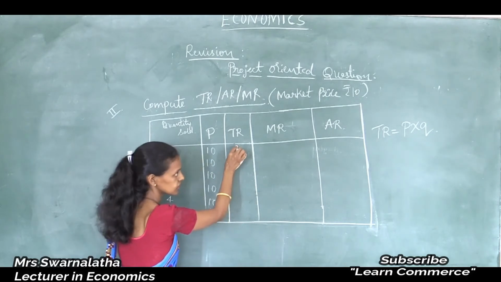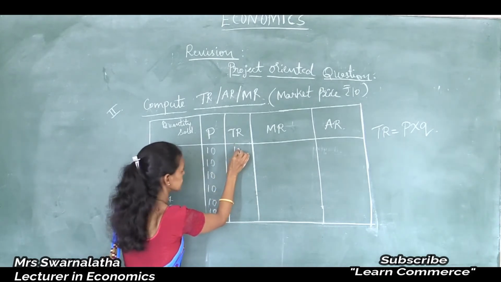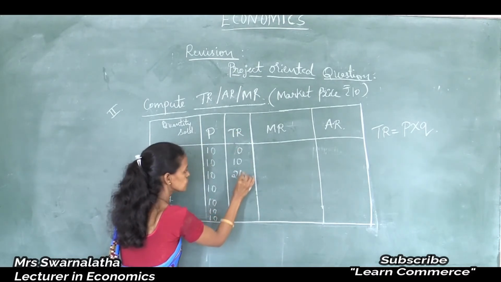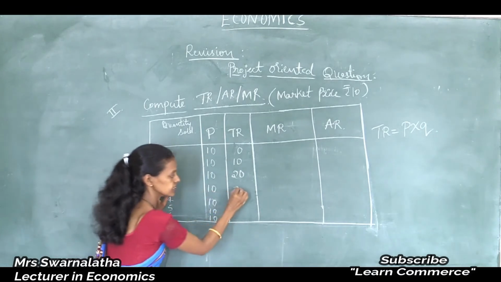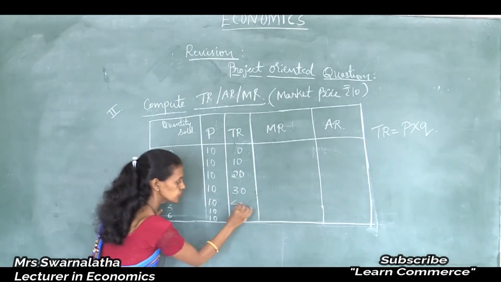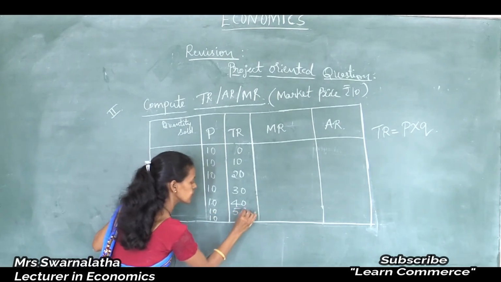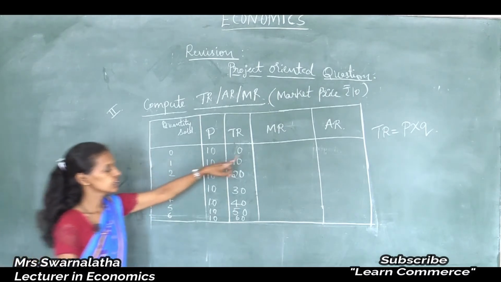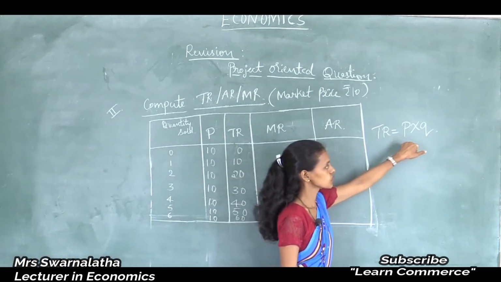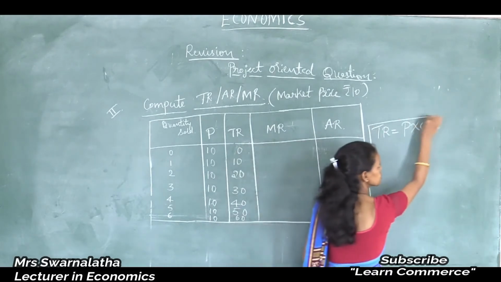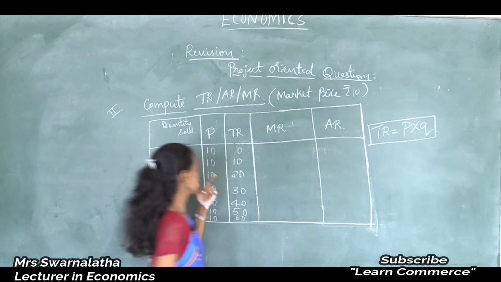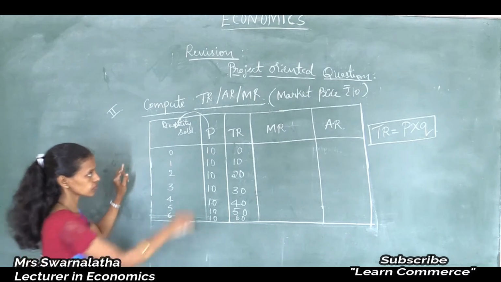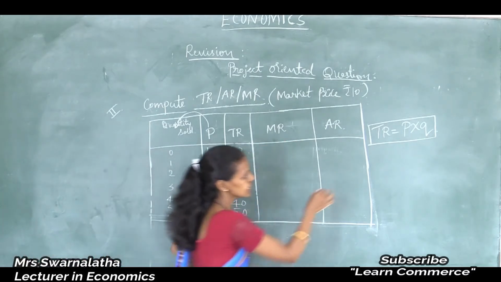Next is 10 into 1, 10 into 2, 10 into 3, 10 into 4, 10 into 5, 10 into 6. So total revenue is computed with the help of the formula TR is equal to P into Q, price into quantity.